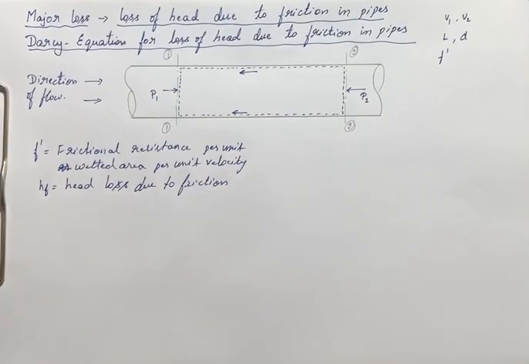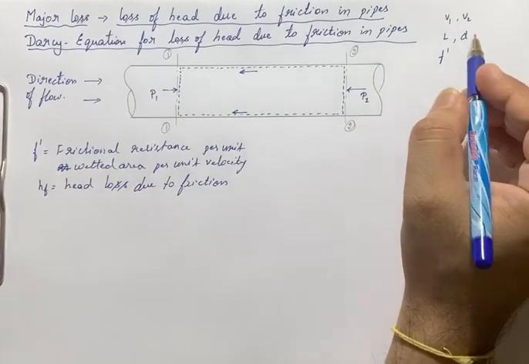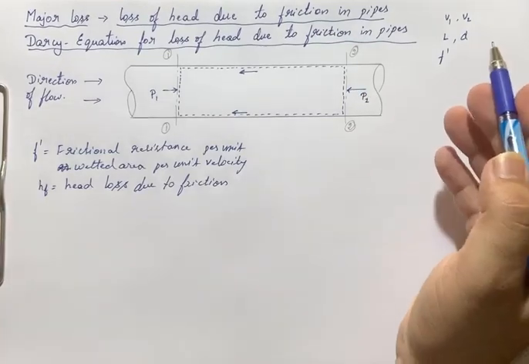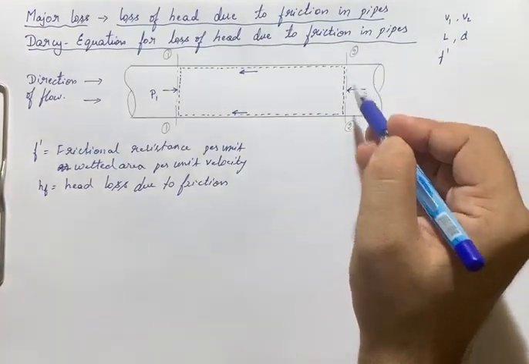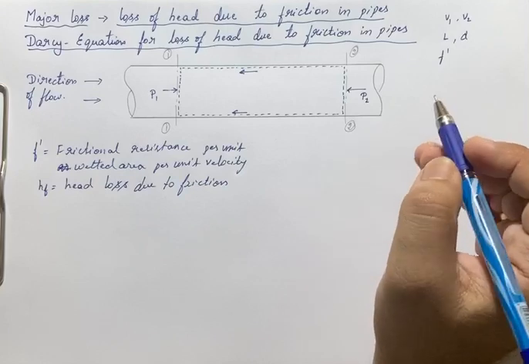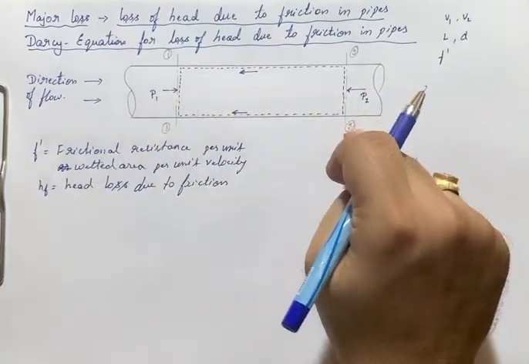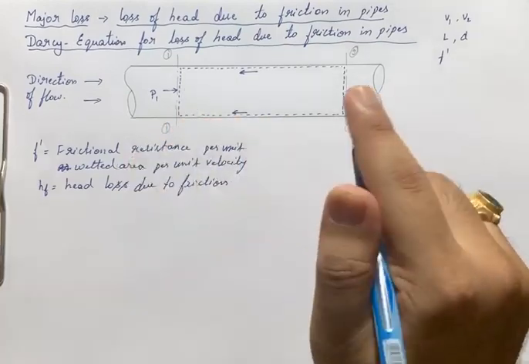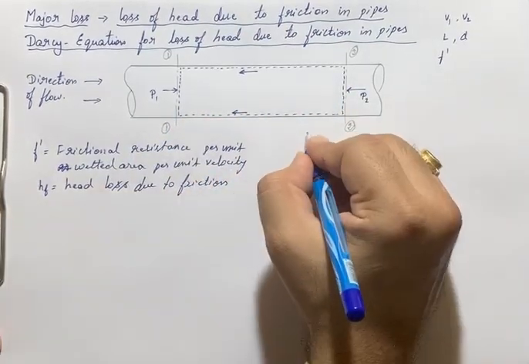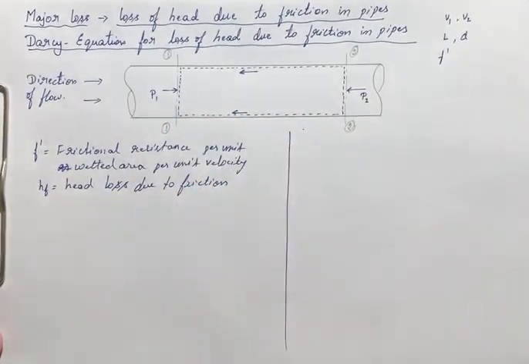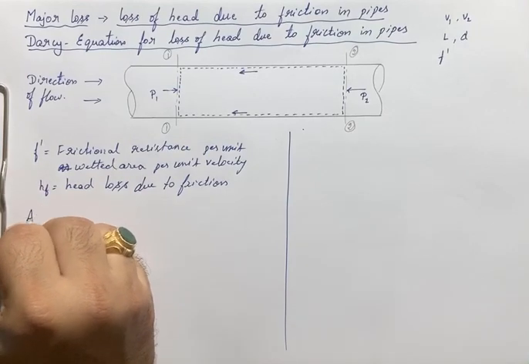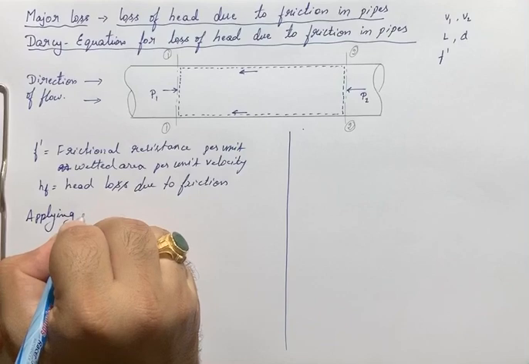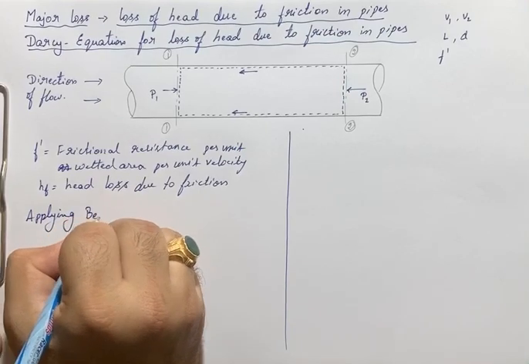Similarly, we will be considering other parameters like P2, V2, which are the pressure and velocity in section 2 here. Now, I will apply Bernoulli's equation between section 1 and 2.